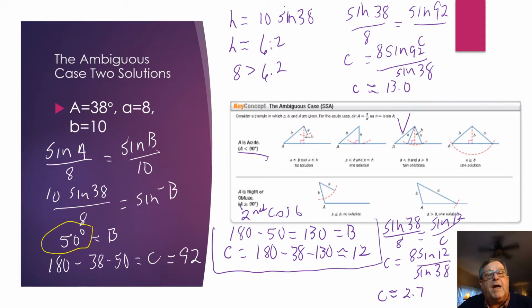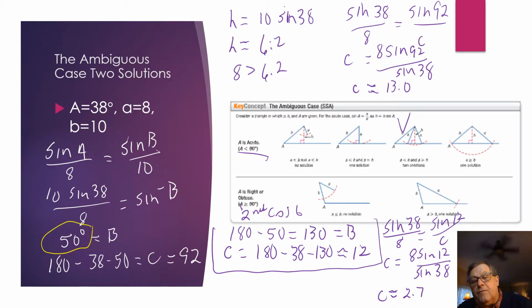So in our first case, we were given that angle A is 38, side A is 8, and side B is 10. We used the law of sines and said angle B could be 50. We know we have two possible solutions because side A was less than side B, 8 is less than 10.